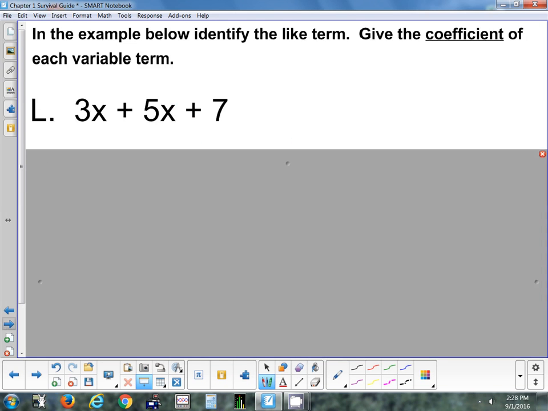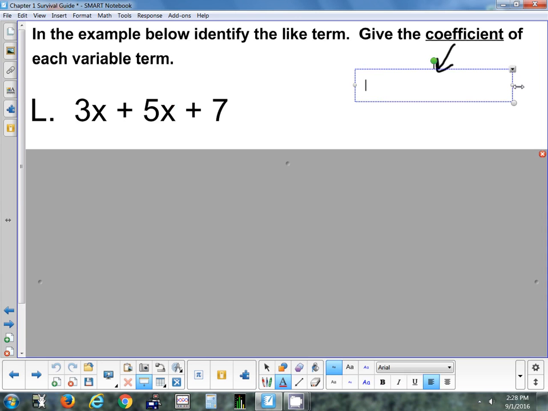Now this one, you may not know yet, because there's a word up there. It says, in the example below, identify the like terms. Give the coefficient of each variable term. Anybody know what coefficient means?